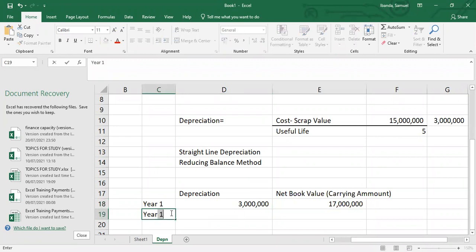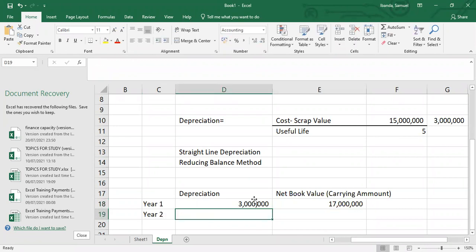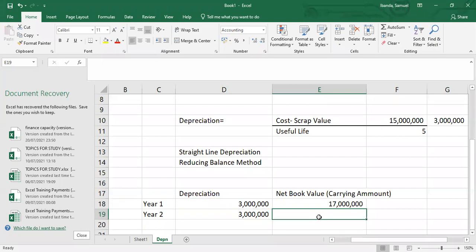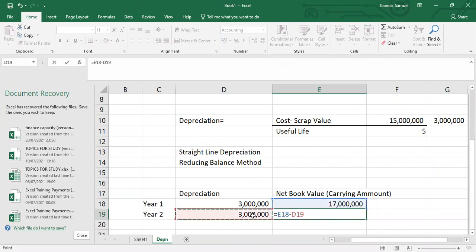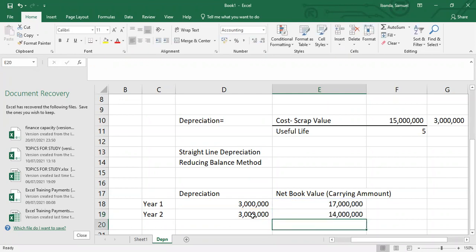Now my year 2, since it is straight line depreciation, it will still be the same. So my net book value will be the 17 million, which was the previous value at the end of the year, subtract the depreciation for the period, which is 3 million, to get me to 14 million.